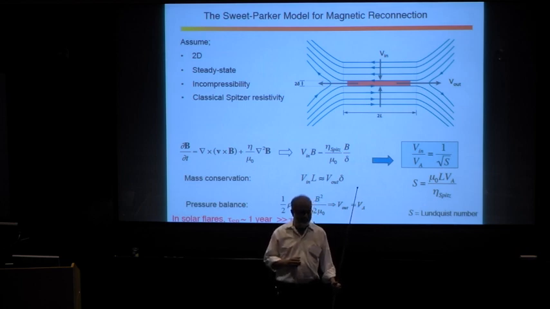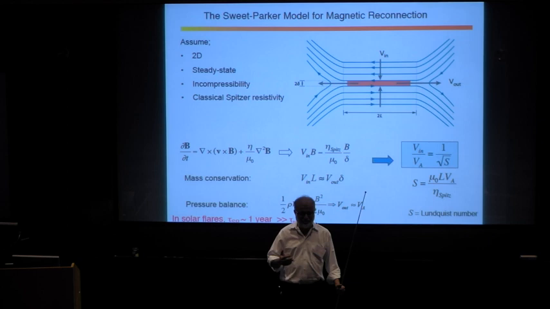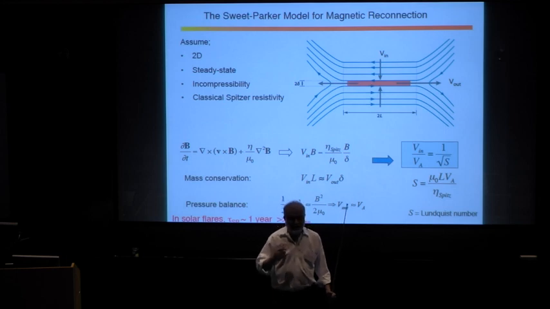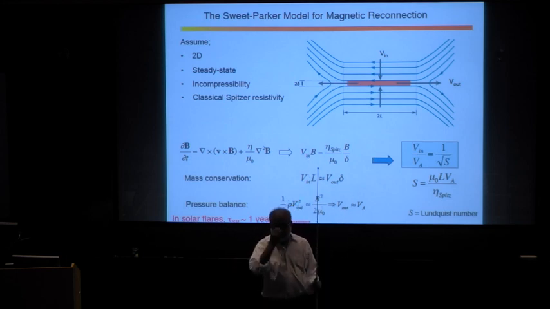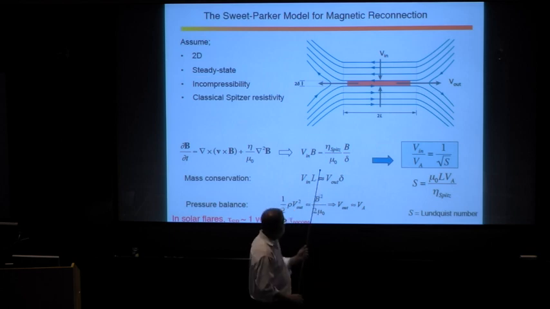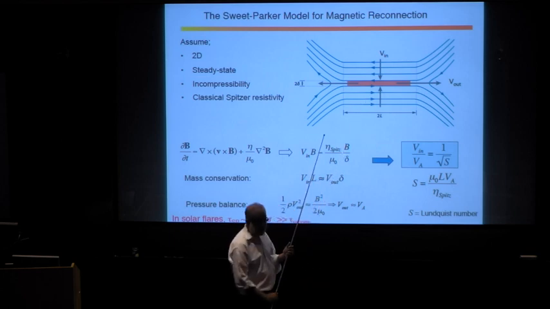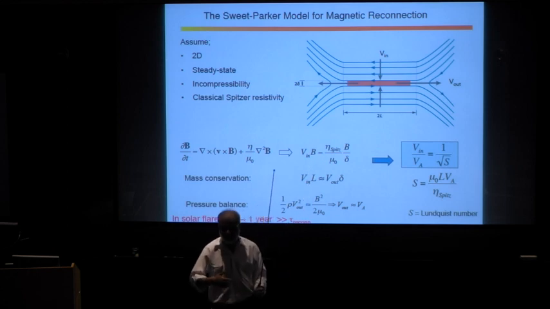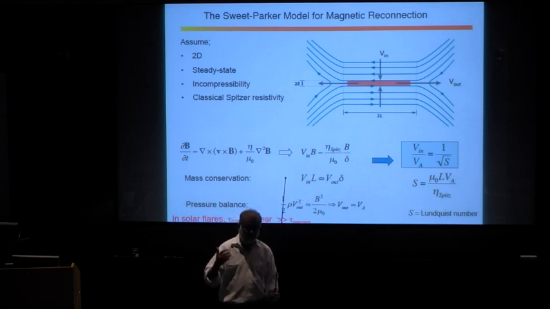It's a fractional number. So therefore, this time scale is faster than what you would get out of diffusion. So that's the first thing you learned from Sweet-Parker theory, that you are getting, if you want to call it diffusion, but really it shouldn't be called reconnection because that is what it is. This sort of topology enables the destruction of magnetic fields on a time scale much more rapid than the time scale of resistive diffusion, which scales like eta.